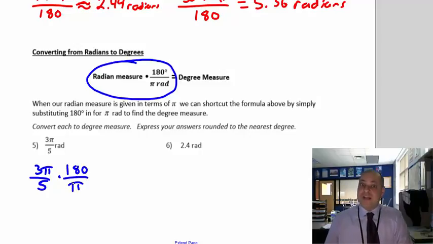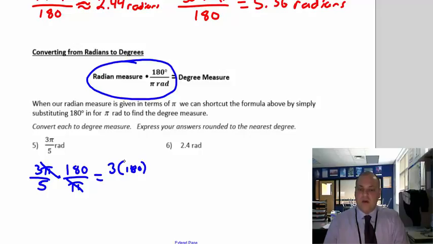Now we're multiplying fractions, which we did earlier in the year, right? You just cross cancel if you have a common factor. Pi is a common factor, top and bottom. So the pi's cancel. I get 3 times 180 over 5, and that is 108.